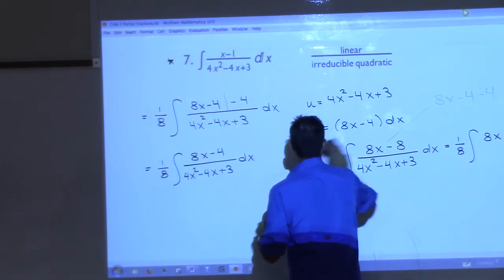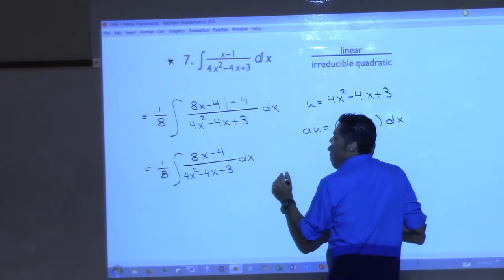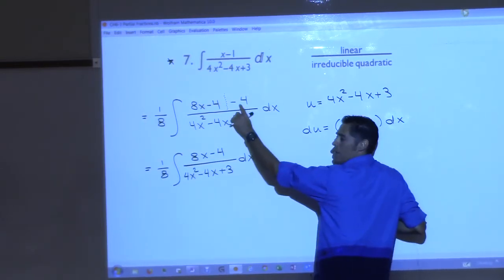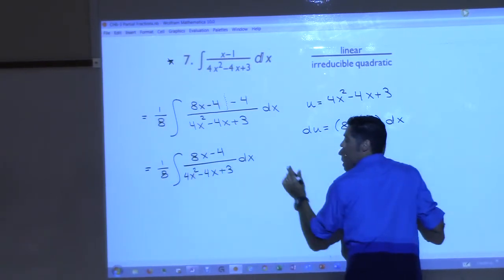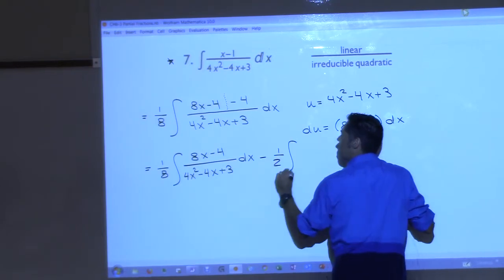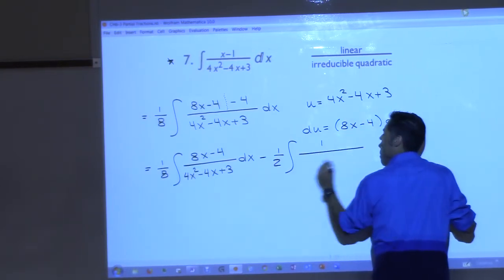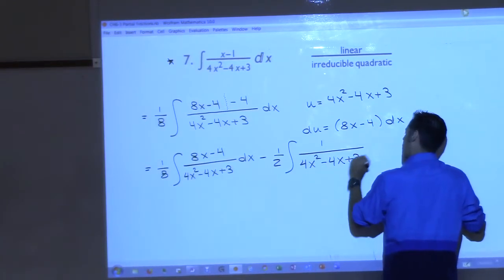And then my new integral is going to be what? I have this minus 4 here, right? And I do have a 1/8 out front. So how about we make that minus a half integral 1 over 4x squared minus 4x plus 3 dx.